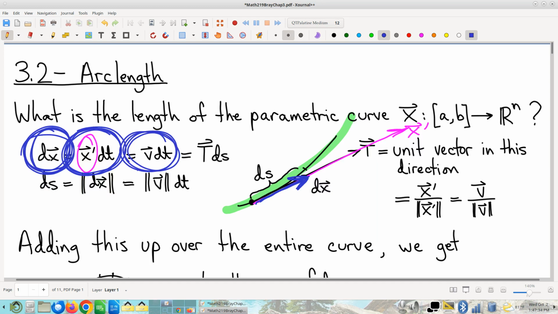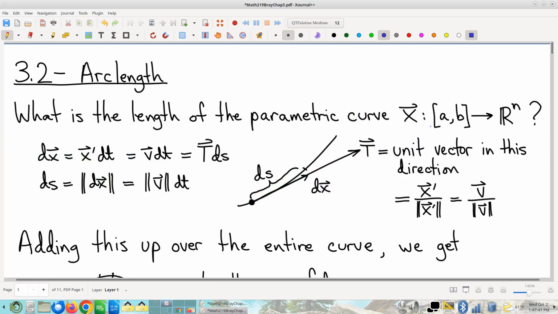Okay. Next question, a related question. Again looking at this picture, how would we, at least in a linear estimate, estimate the length of that piece of curve, what I'm going to call ds? My figure leaves a little something to be desired. I highlighted an actual piece of the curve itself. Of course, I'm not going to get the exact answer.